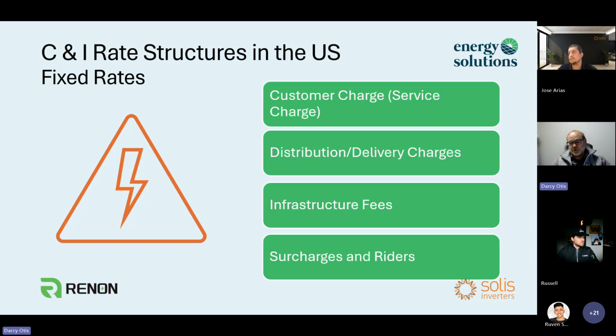Or there could be additional surcharges and riders as well, which could be mandated from the government side. So those are typically the fixed charges in rates. From my perspective, we want to see the fixed charges as low as possible, so we have more flexibility in some of the other charges within the rate structure itself.